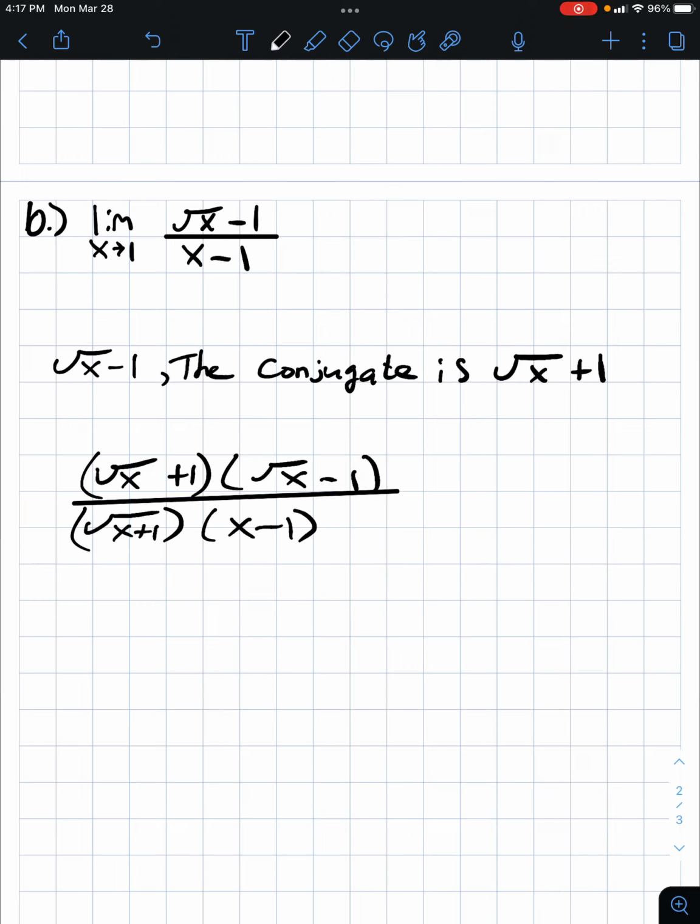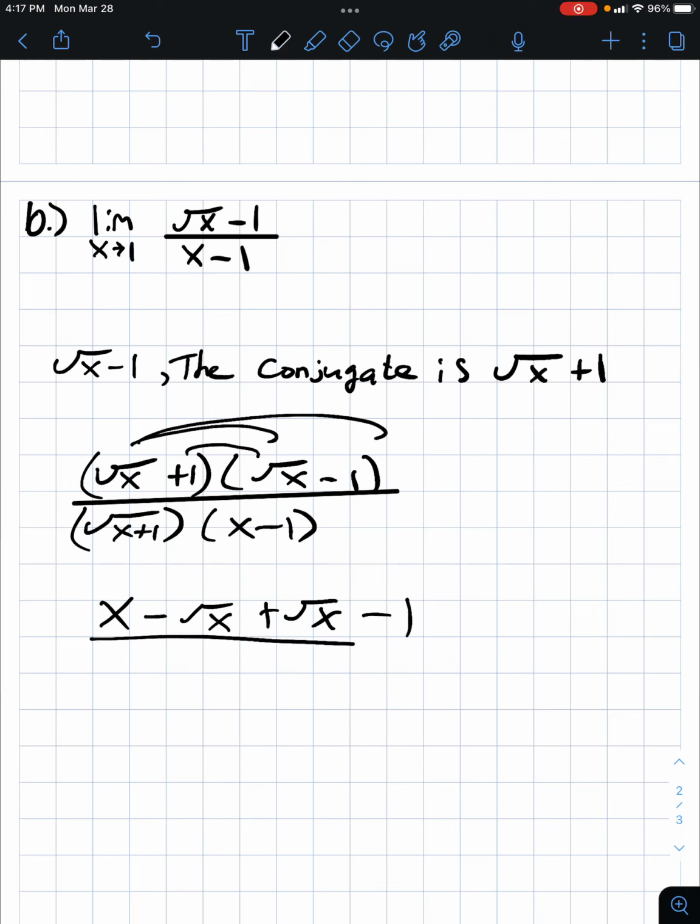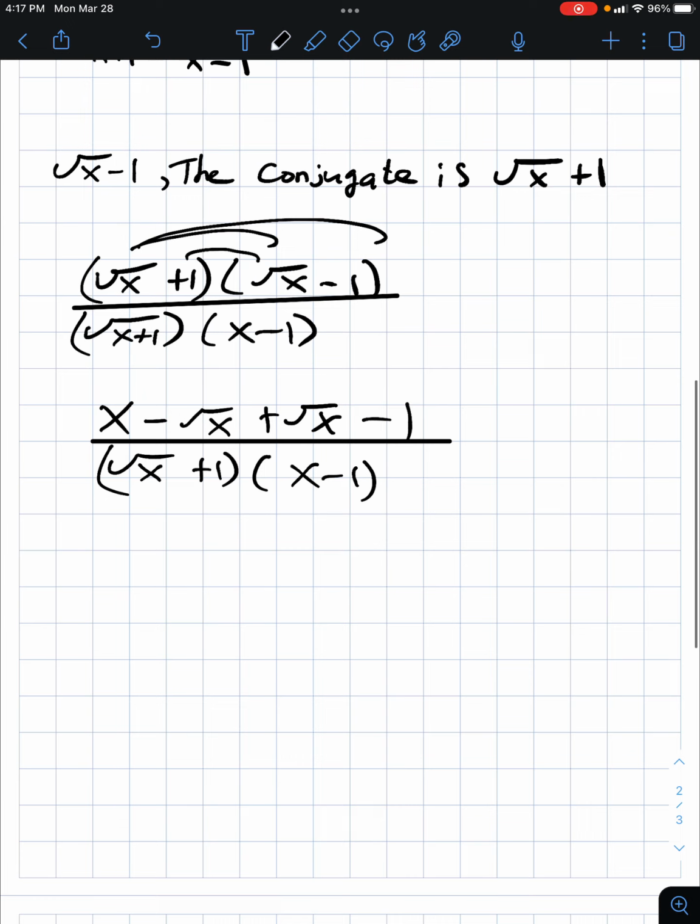If we expand the numerator of this, we get x, negative square root of x, plus the square root of x, and minus 1. And on the denominator, we're not going to do anything.